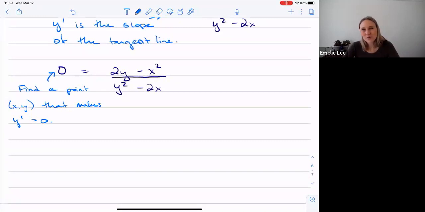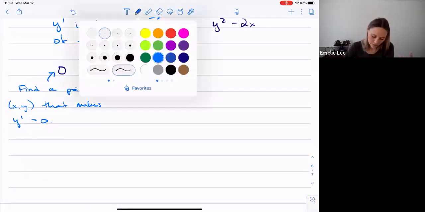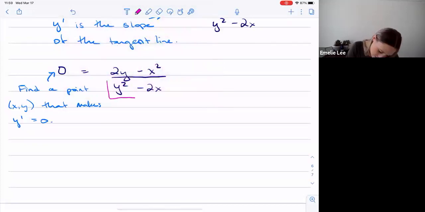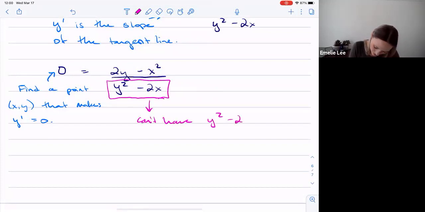It's hard, right? Because we've got both x's and y's in here, but there are a couple of things that we need to keep in mind, right? First off, we need to make sure that we don't divide by 0, right? So here, we can't have y squared minus 2x equals 0.